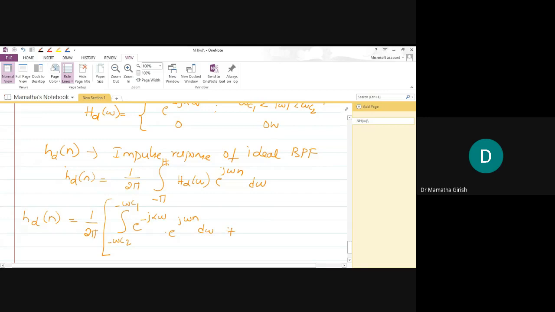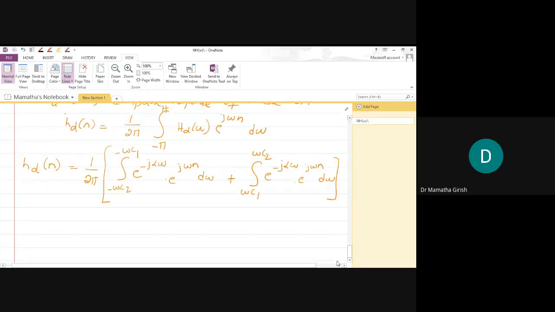Towards the positive side, the RHS, the range is from plus omega c1 to omega c2. The term within the integration is e power minus j alpha omega into e power j omega n d omega. Close the square bracket. And now let us bring the terms within the integration symbol under one single term.